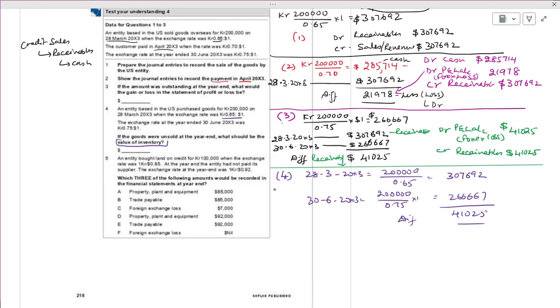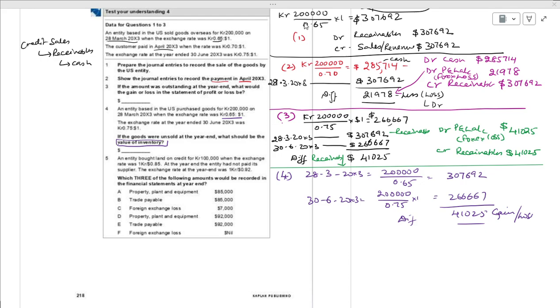What are they asking? If the goods were unsold at the year end, what should be the value of inventory? They are not asking us gain or loss. They are asking us the value of inventory.